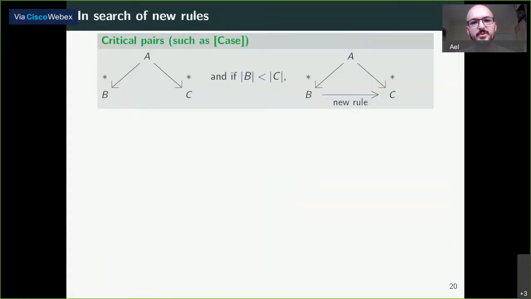If you wanted to find new rules for path sum or for verification of circuits in general, you can come from one expression which can be reduced in different ways, and if one of these terms, for example B, has fewer variables than C, you can create a new rule from B to C.